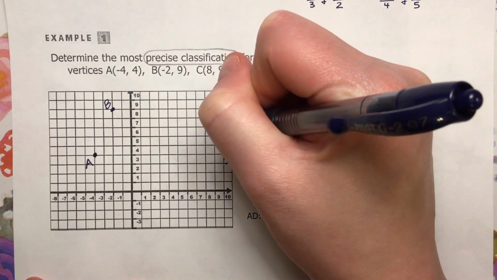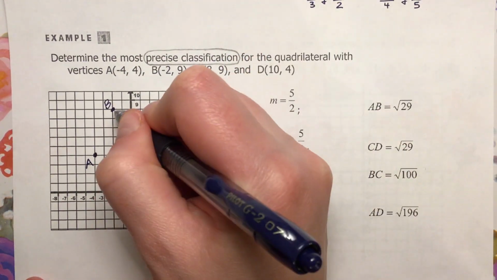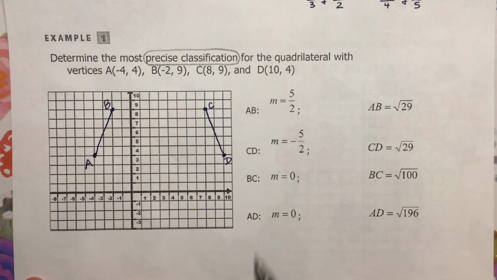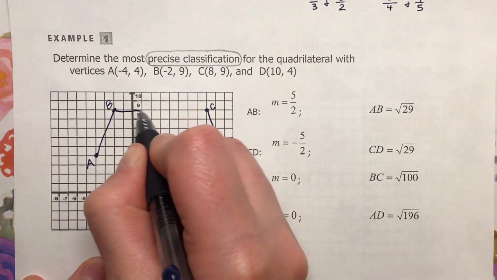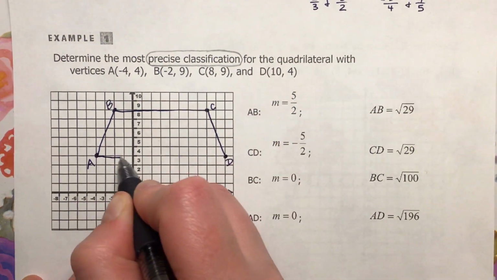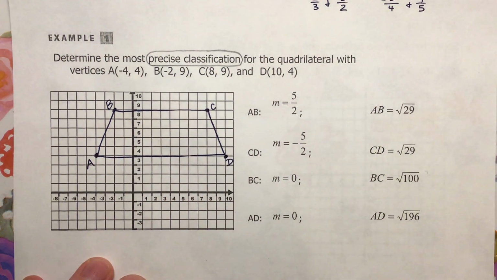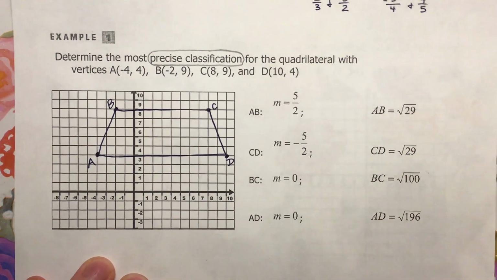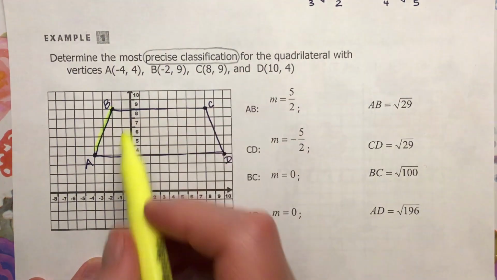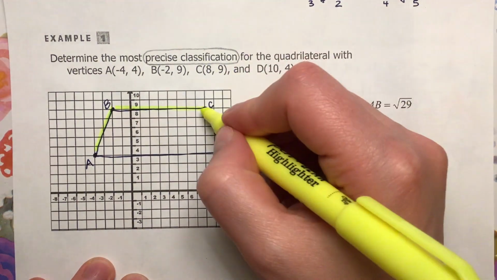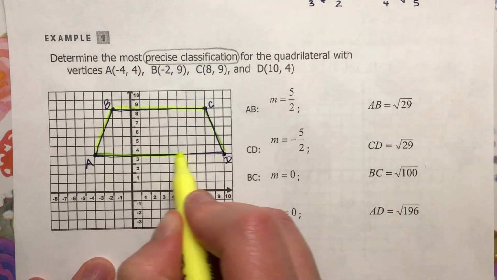So I will do my best to connect them well. And I am going to put a highlighter on that just so you can see it a little bit easier, because I feel like that's a little tough to see on the dark graph.